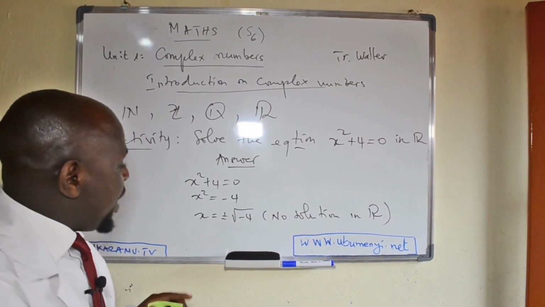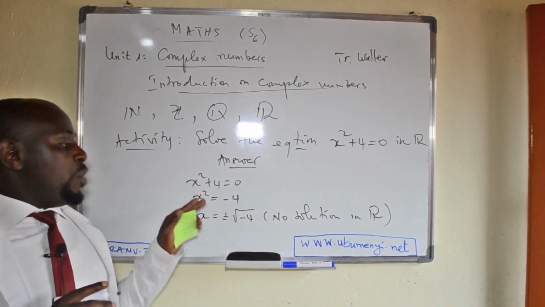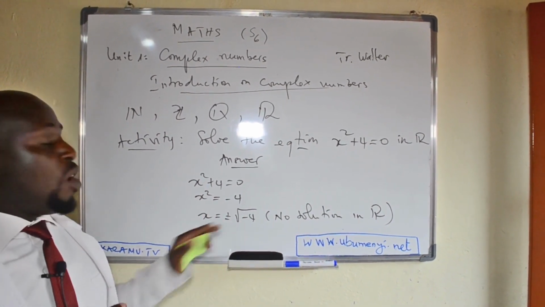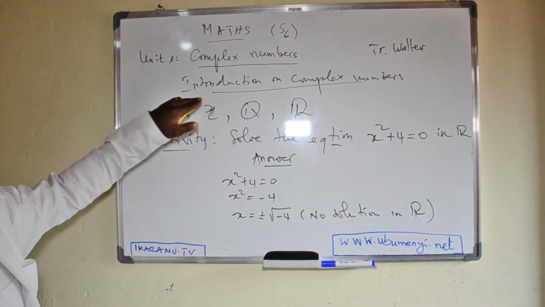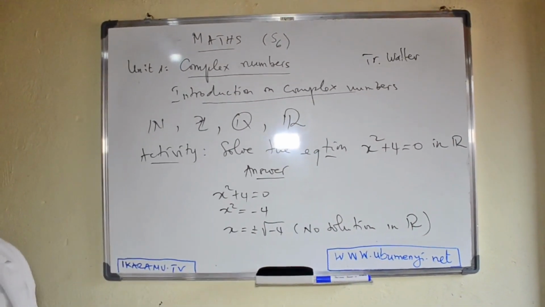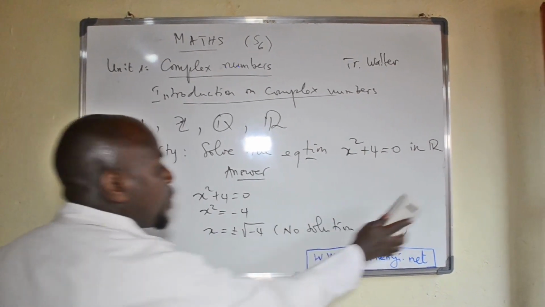They tried to find another set in which we should be able to find the square roots of negative numbers, and this is the one I'm going to take you through, which is the set of complex numbers.